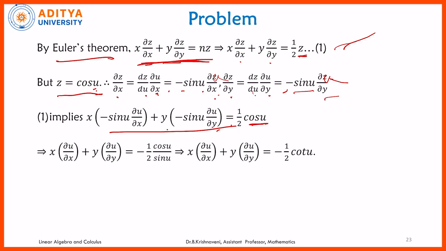Now this can be written as minus sin u times x ∂u/∂x plus y ∂u/∂y. You can take minus sin u to the RHS, which becomes minus 1 by 2 into cos u by sin u. Finally, the equation becomes x ∂u/∂x plus y ∂u/∂y is equal to minus 1 by 2 cot u.